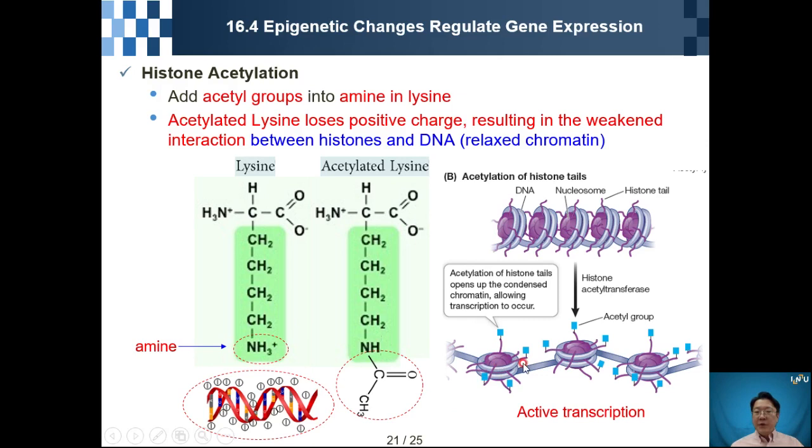Now the interaction between the histone and DNA is weakened. This shows relaxed chromatin. When the chromatin exhibits a very relaxed structure, transcription actively happens, so it enables active transcription. It means that epigenetic changes, especially histone acetylation, activate transcription.